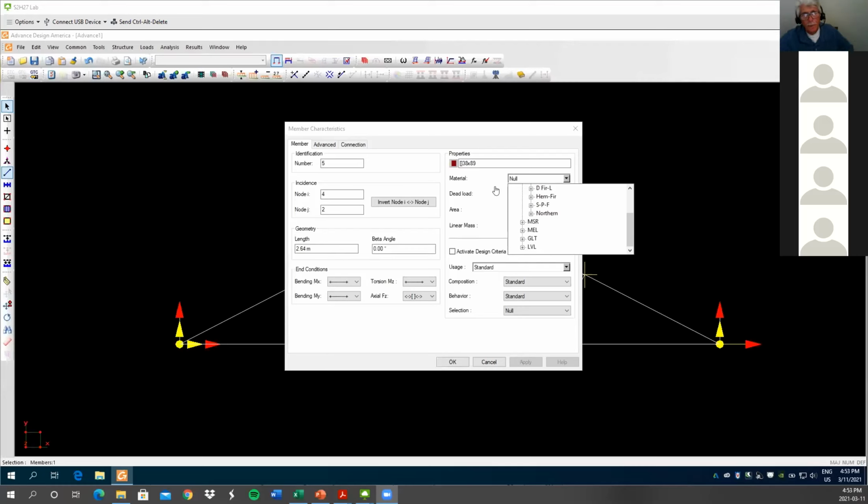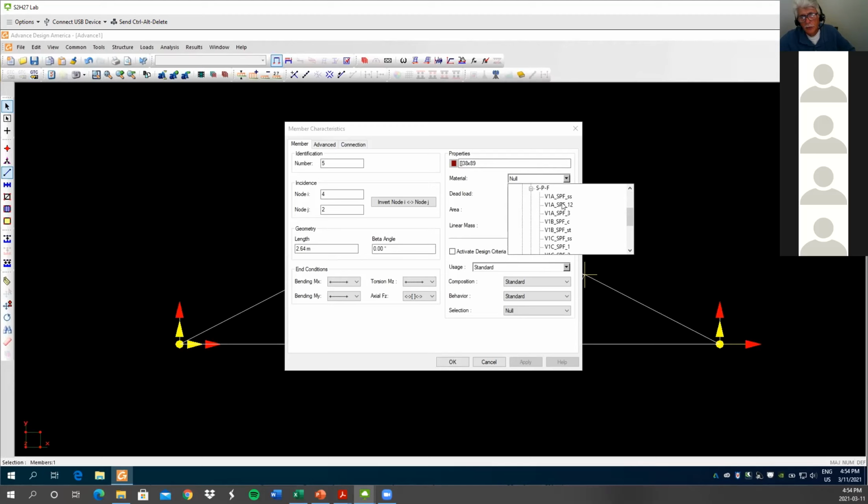Yeah. I just have a question. For the material here, which one do we choose? SPF. Is it visual or machine stress rated? In other words, here, look, can you share? Give me the remote control request. Okay, so this is SPF number 1, number 2.